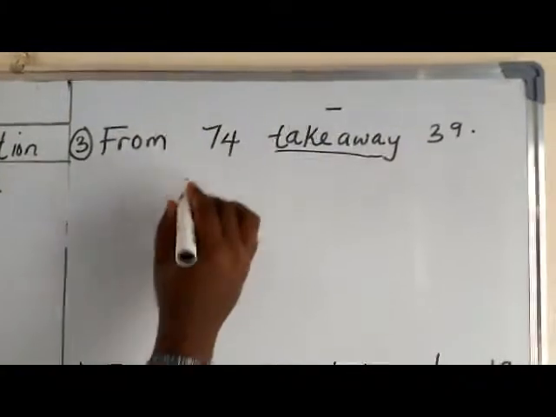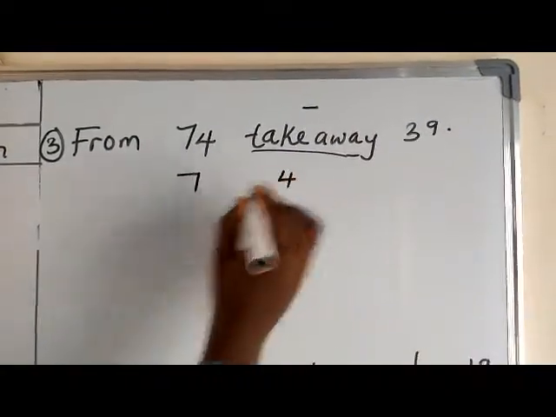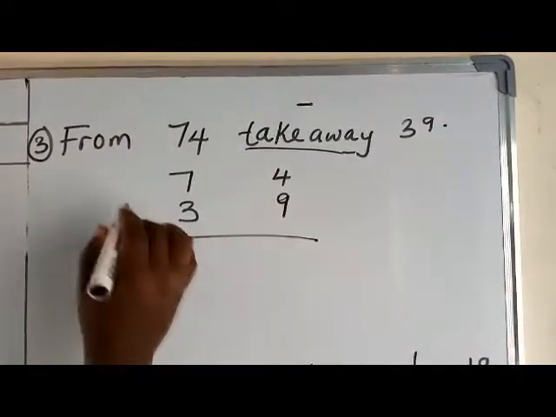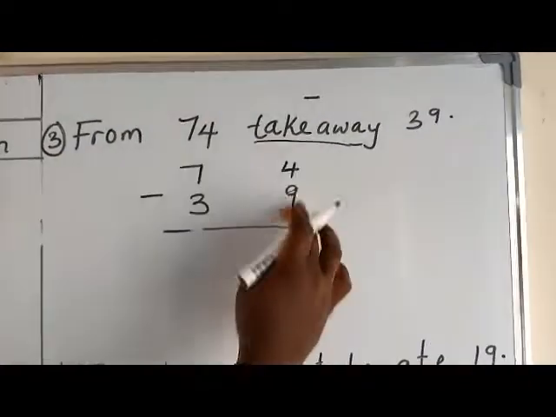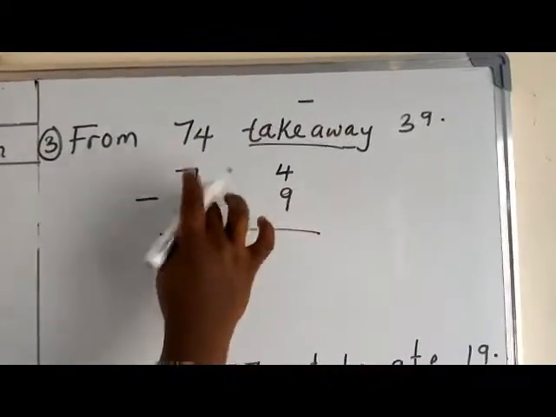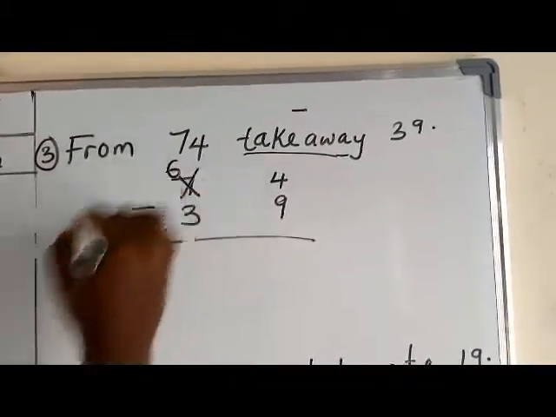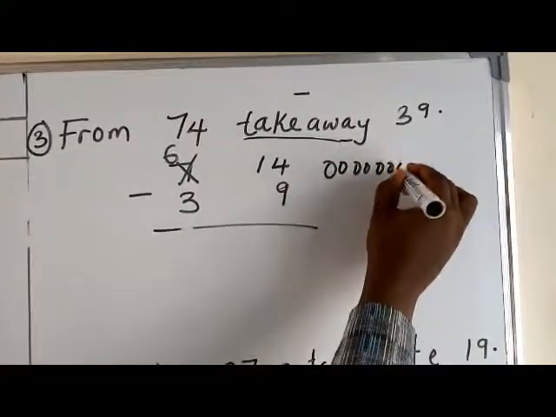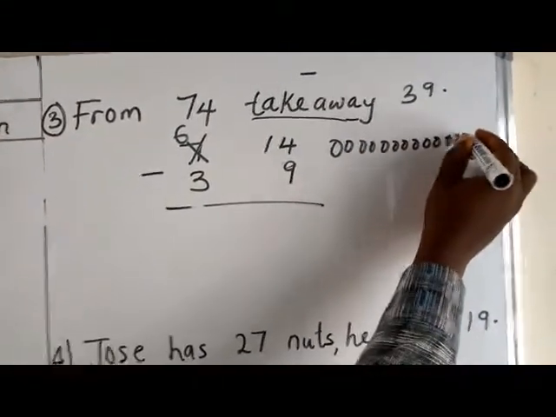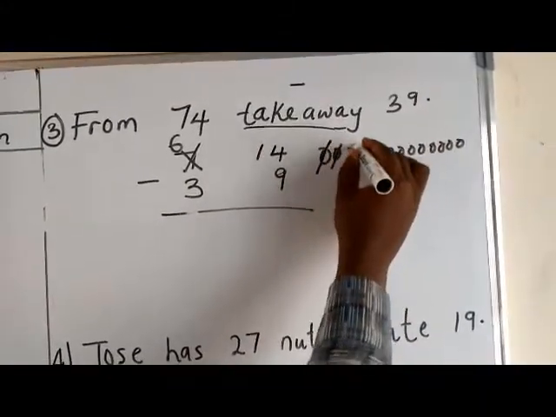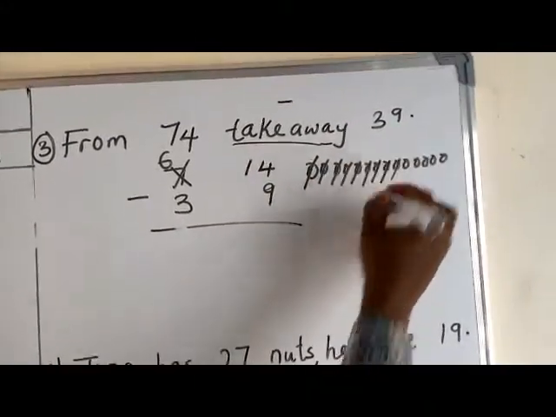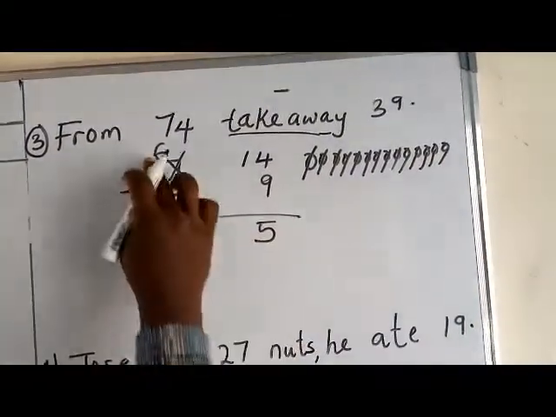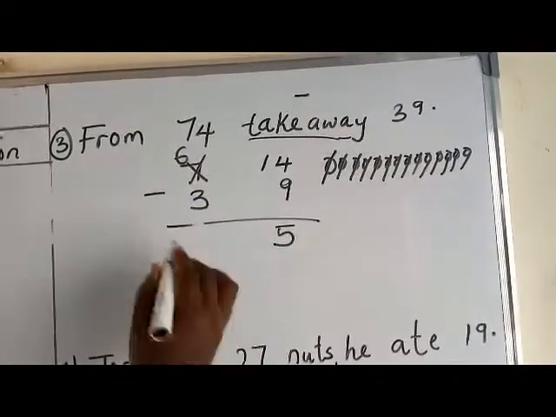You pick up the first number, 74. 4 take away 9: 4 cannot take away 9, so you borrow from the number before, 7 becomes 6. Here becomes 14. 14 take away 9 is 5. Then 6 take away 3 becomes 3.